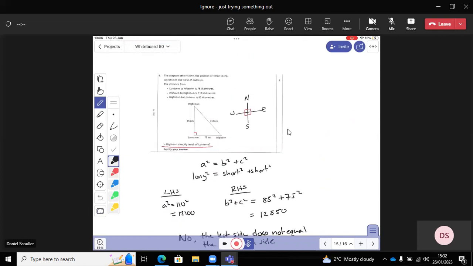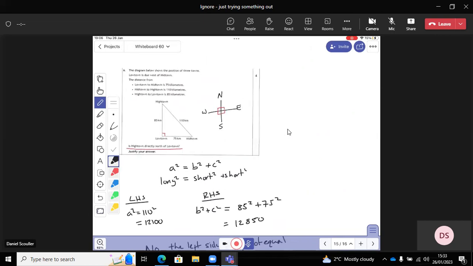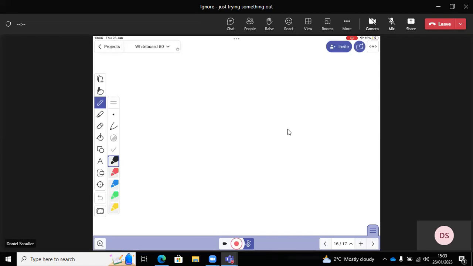That can sometimes be a wee bit awkward, just the way they ask them. Just bear that in mind. Pythagoras, that a squared equals b squared plus c squared, only works for right angle triangles.